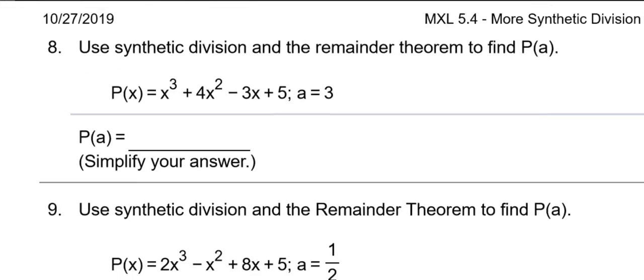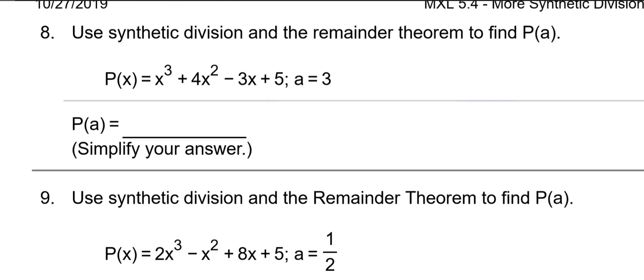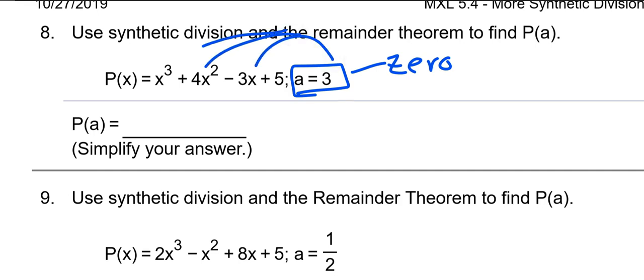Okay, question 8 is something called the remainder theorem. There's this cool theorem that says if you just want the remainder, take the 0, the 0 that you're given, and plug it in for every single x.